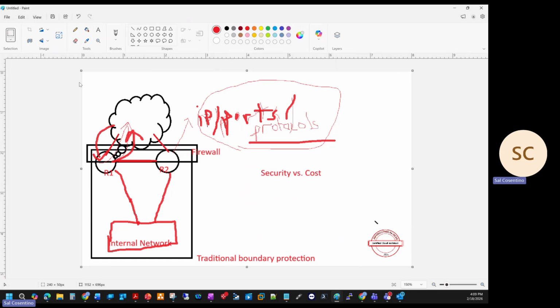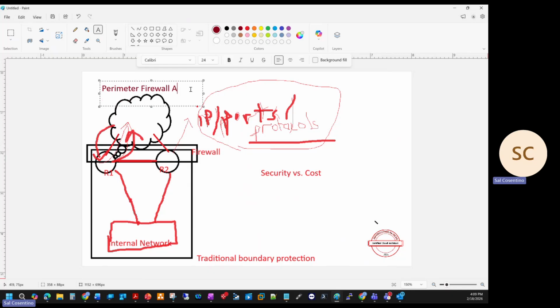And I'm going to take a snapshot of my first one, perimeter firewall. Actually, let me write this down. This is perimeter firewall architecture, right? Okay.